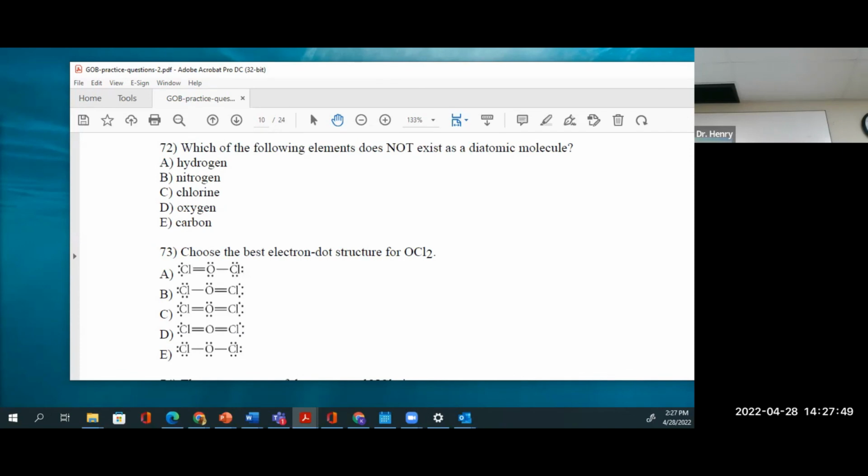Hydrogen, nitrogen, fluorine, oxygen, iodine, chlorine, and bromine. So which one of these isn't any of those? Carbon.